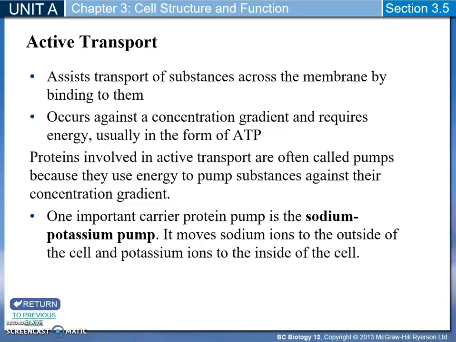And what happens is you get a net charge from outside the cell to inside the cell. So there's a difference in voltage outside the cell as compared with inside the cell, and it's the sodium-potassium pump that's largely responsible for that.